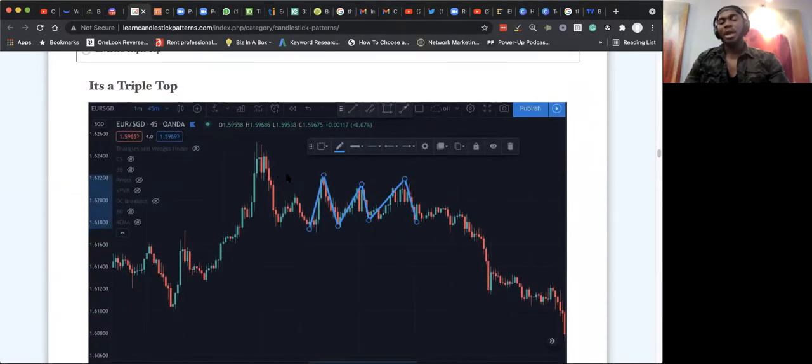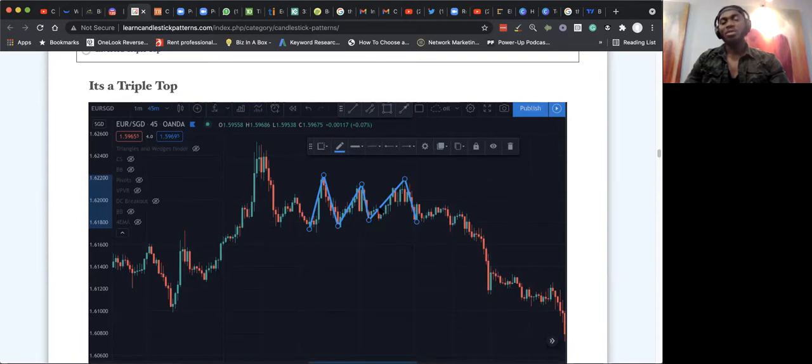I think the best way to get these is to first understand how to draw your trend line, followed by marking your levels of support and resistance. Once you have those levels, it becomes slightly easier to spot these charts.